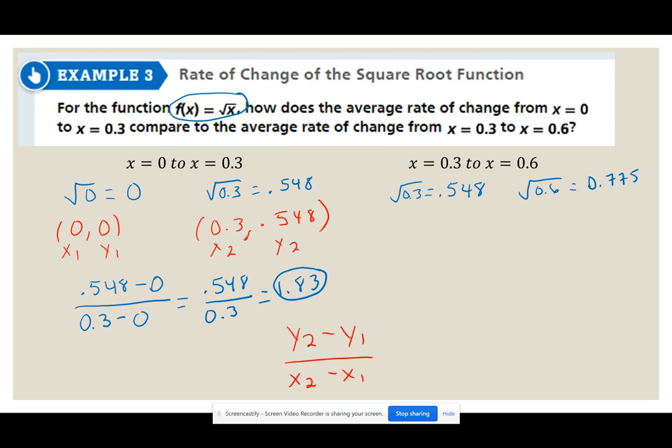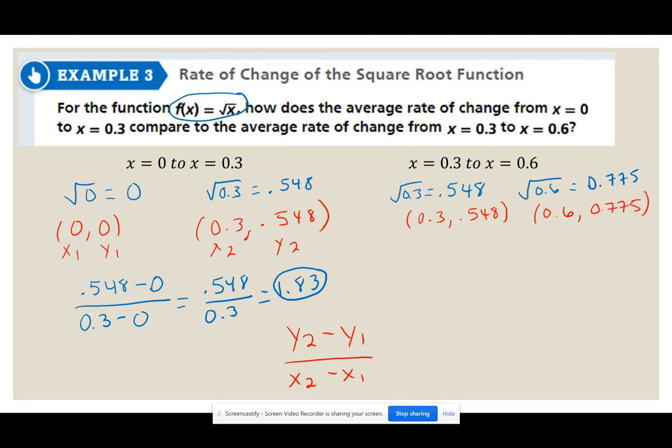Okay, and we're going to do the same thing. So our x values, let's write them as ordered pairs. The x value we put in was 3/10, and we got 0.548 out. The x value we put into this one was 6/10, and we got 0.775 out.